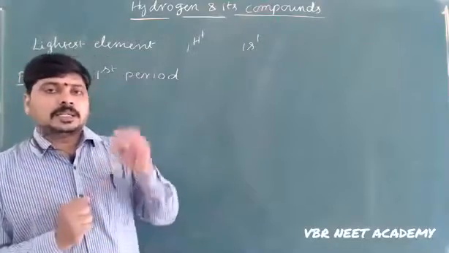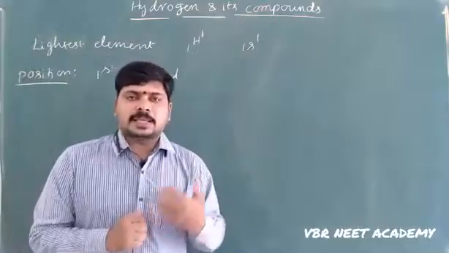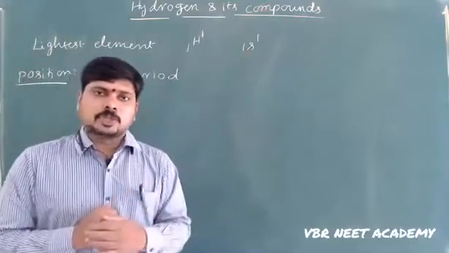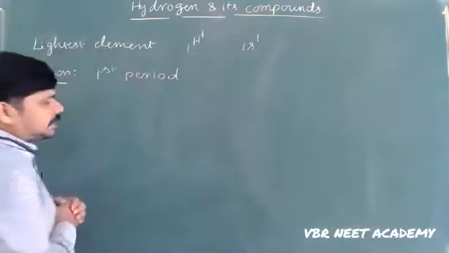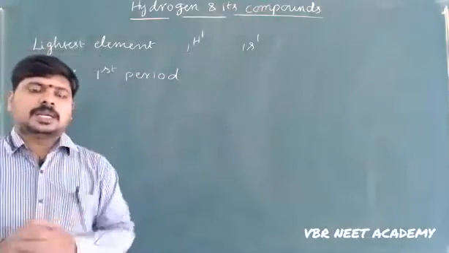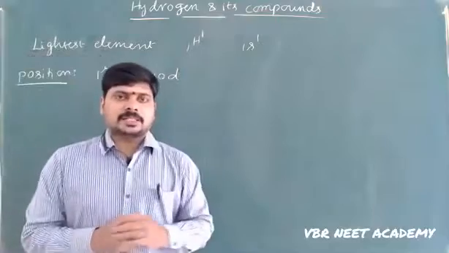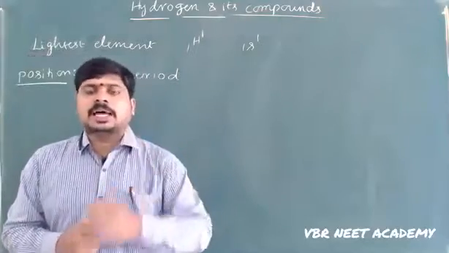But now we have to place it in a group. Which group do I have to place the hydrogen in? Whether it has to be placed in the first group, or in the 17th group according to Arabic number. Otherwise, according to Mendeleev, it's going to be the 7A group, the halogens.